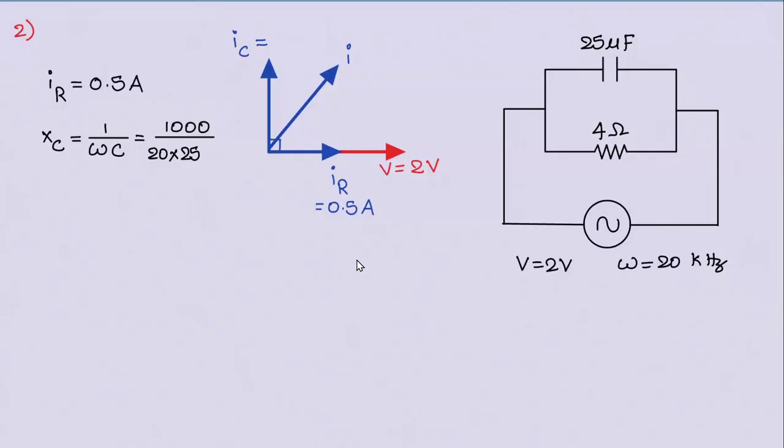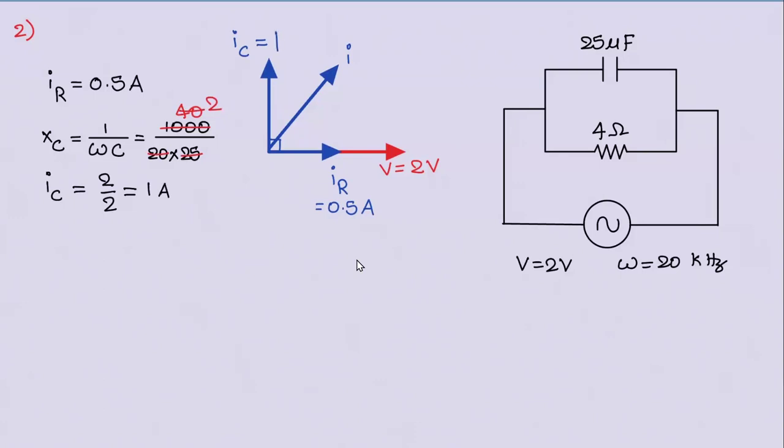So I can say 25 how many times? 40 times. This is 2. So IC is equal to 2 by 2 is equal to what? Tell me. 1 ampere.